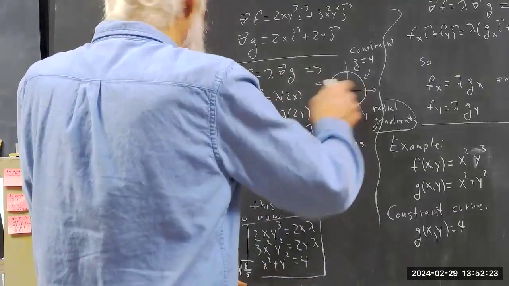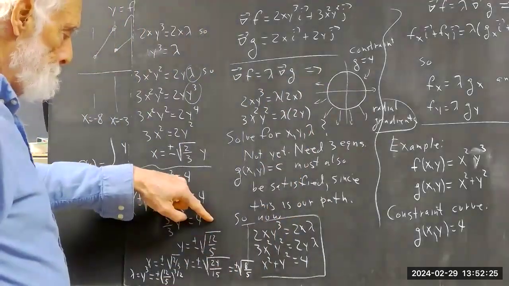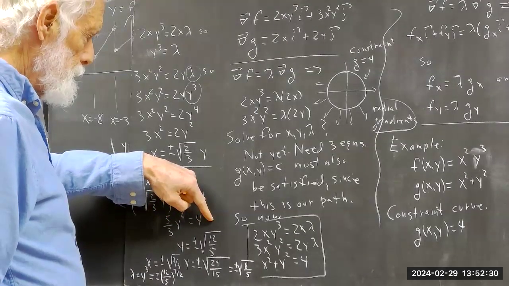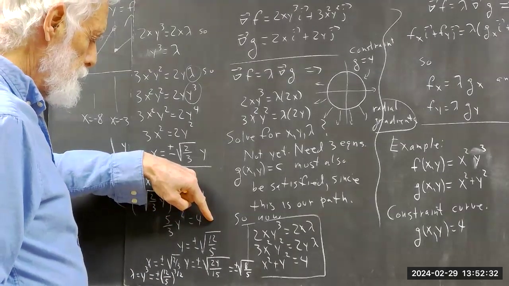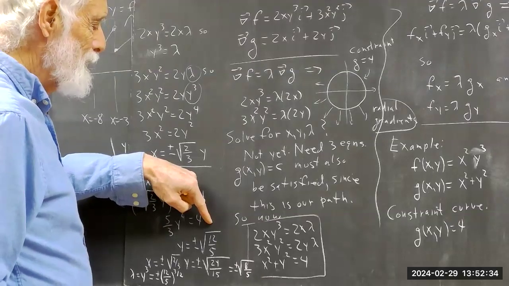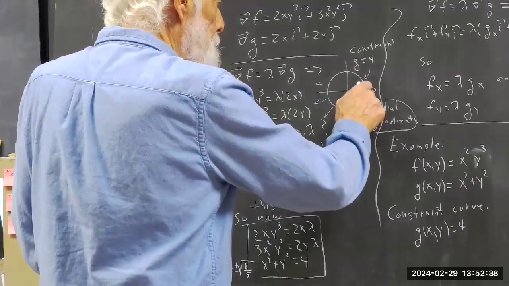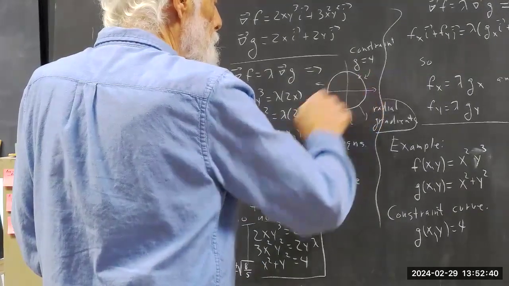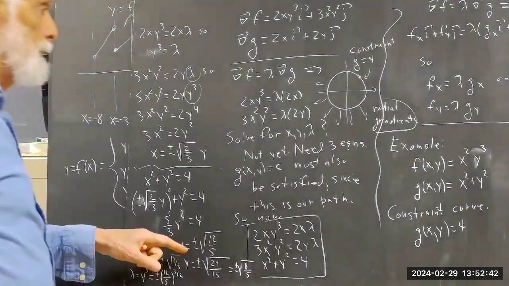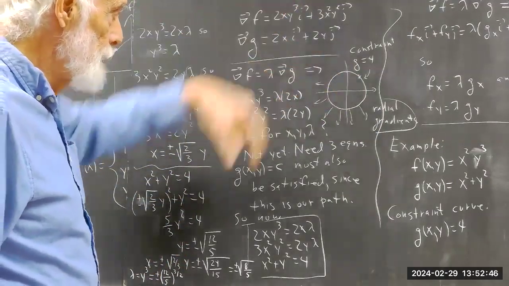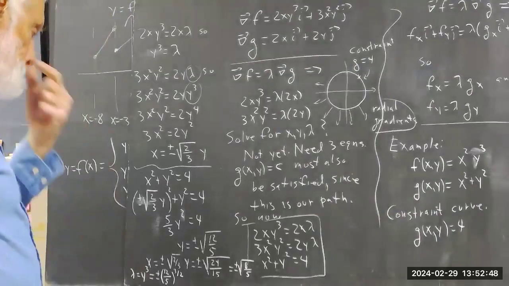Okay, so you've got this point, kind of close to 1.5, 1.3. Where this temperature function, if this is a temperature function, reaches a maximum or a minimum.